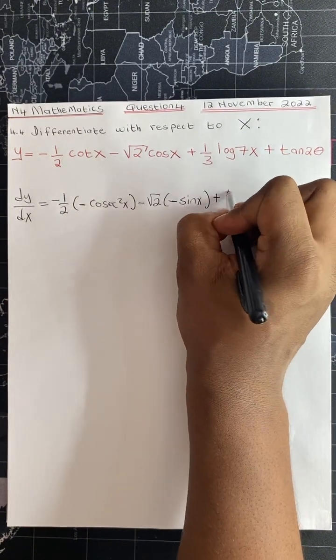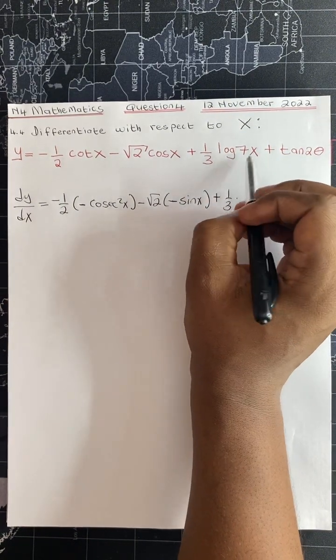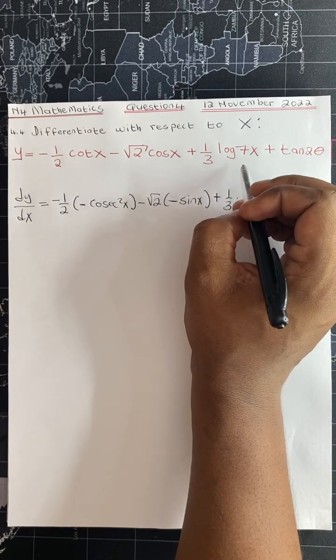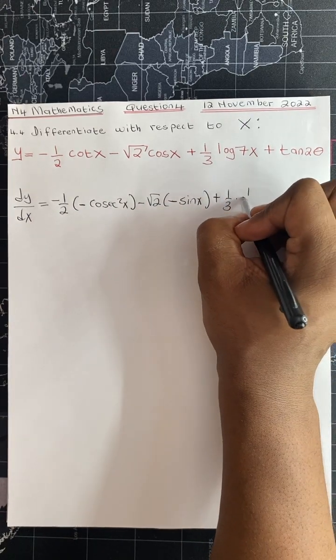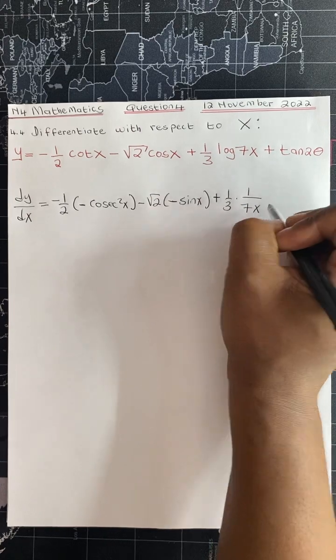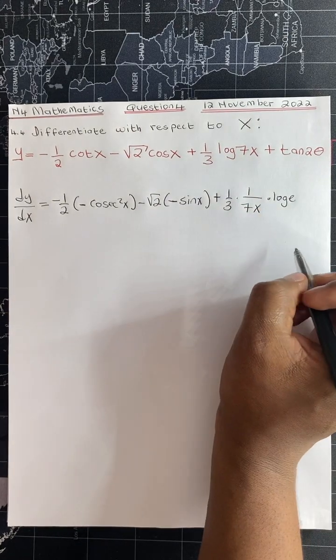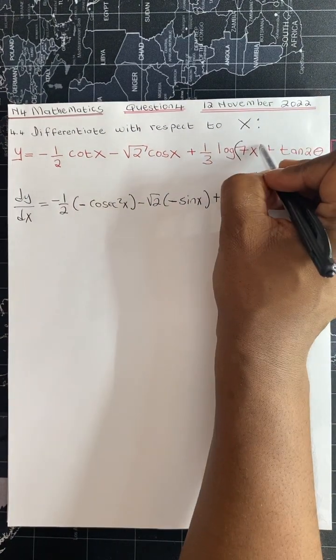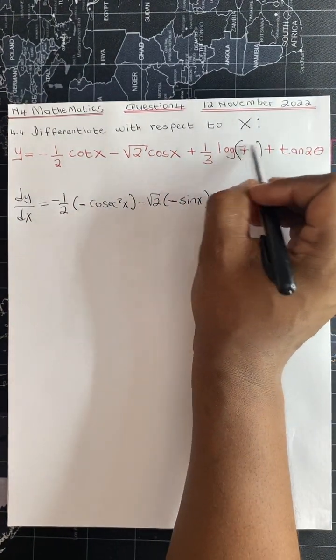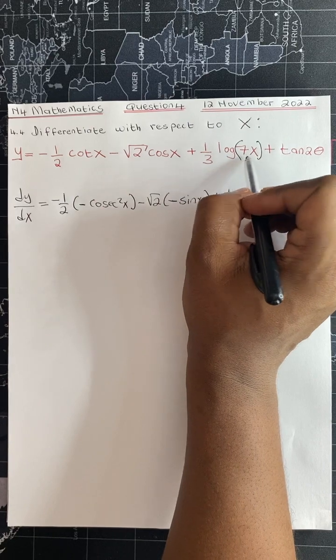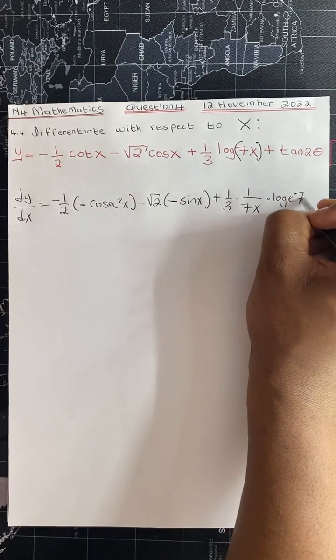Plus 1 over 3 multiplied by the derivative of log 7x, which will be equal to 1 over 7x multiplied by log e. And according to the chain rule, we also have to differentiate the inner function 7x. So the derivative of 7x is equal to 7.